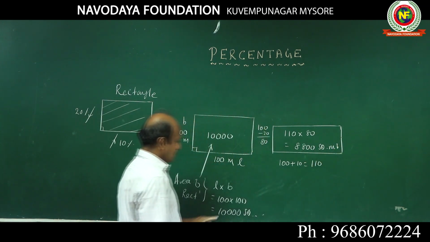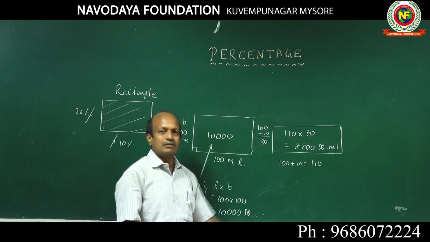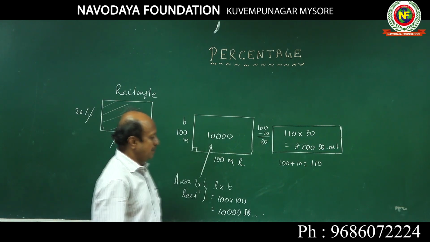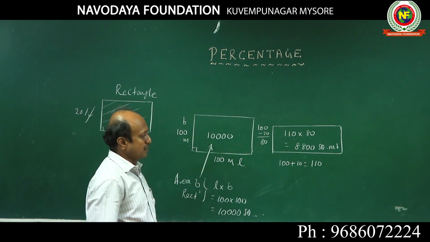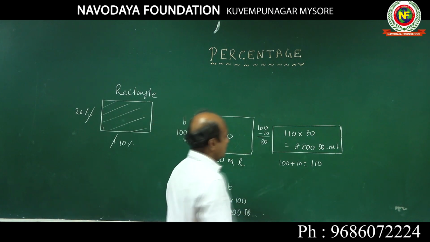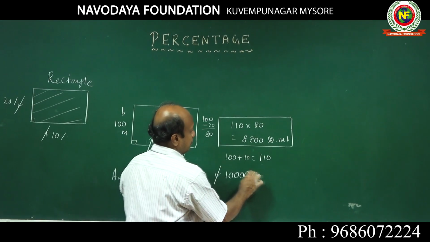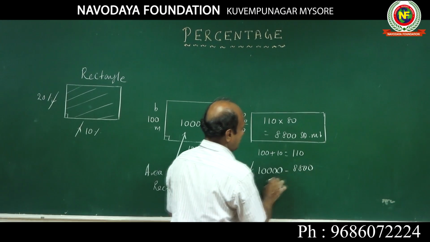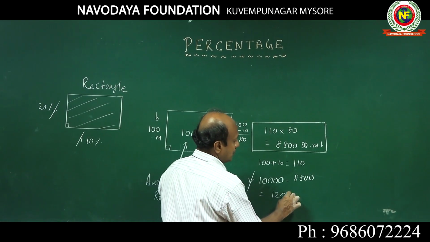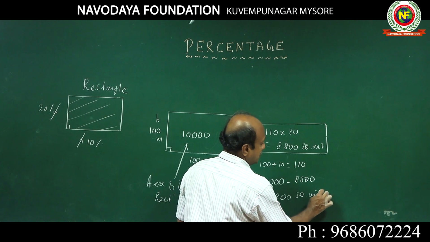Now just look at this. From 10,000 it has come down to 8,800. Whether the area is decreased or increased? The area is naturally decreased. By how much? 10,000 minus 8,800, that is 1,200 square units decrease.